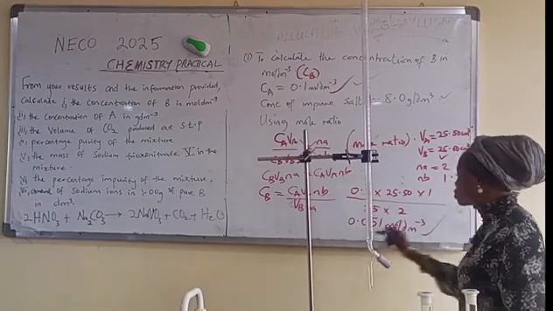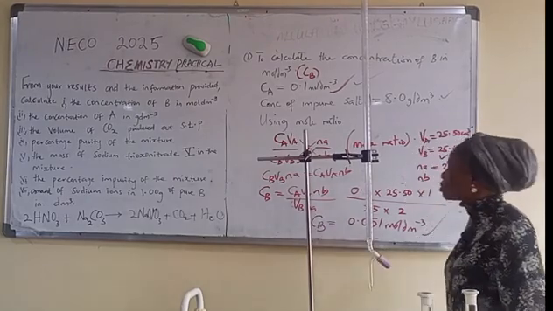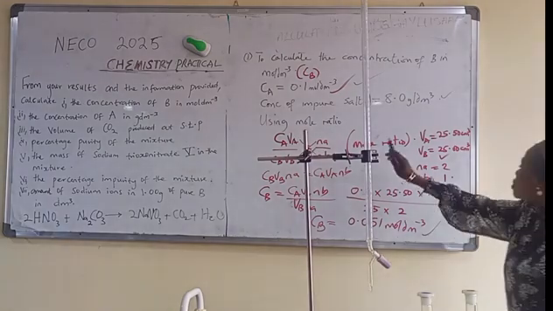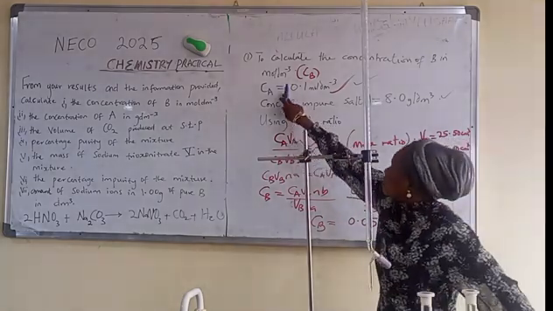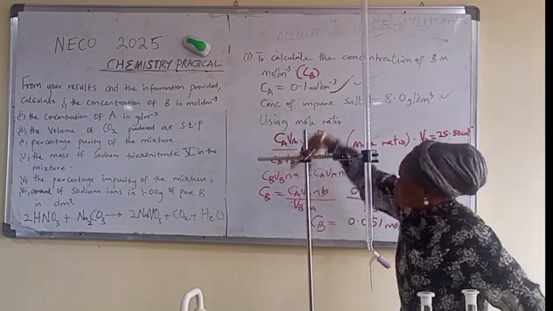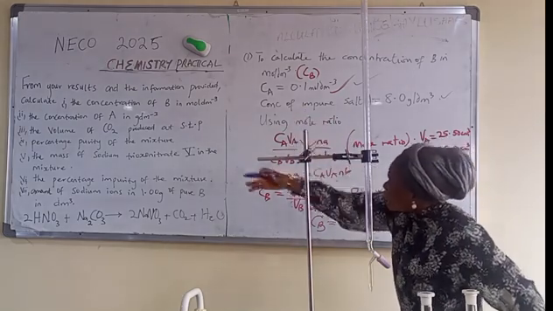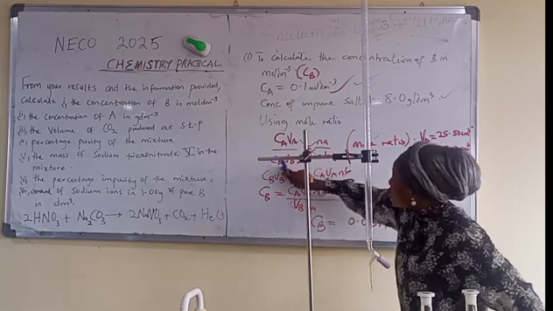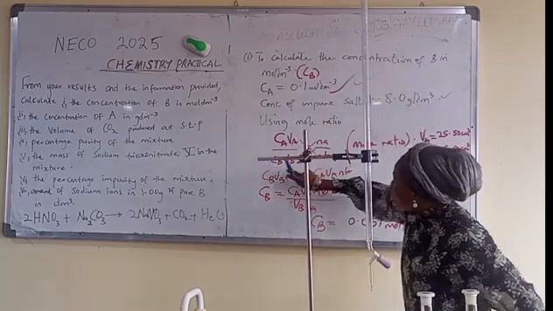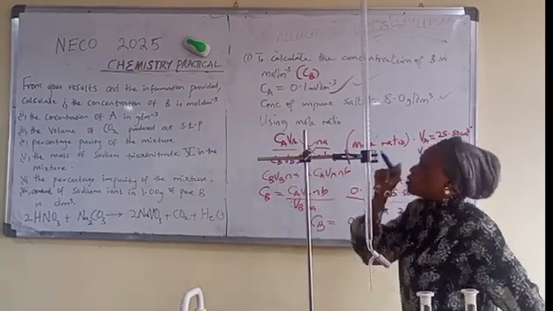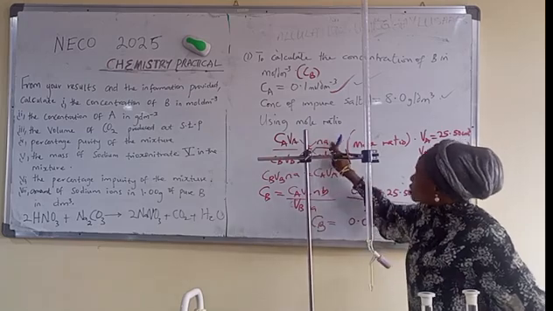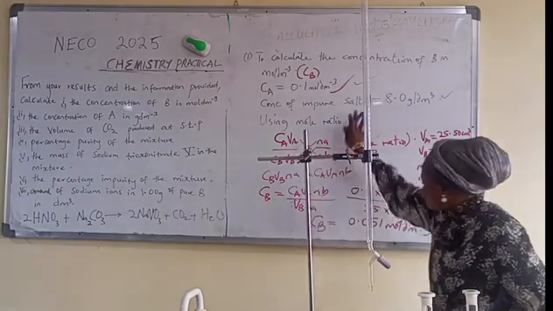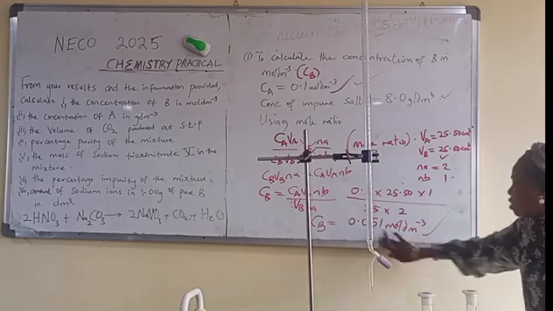That is for your B. I think it's clear. You have your CA given, your VA from what you titrated from your burette, the average volume of acid. Your CB is what the question says we should calculate. VB is from what you pipetted, 25 cm cubed. NA is from your equation of reaction, which is 2, then NB is 1, and you slot in all these values.